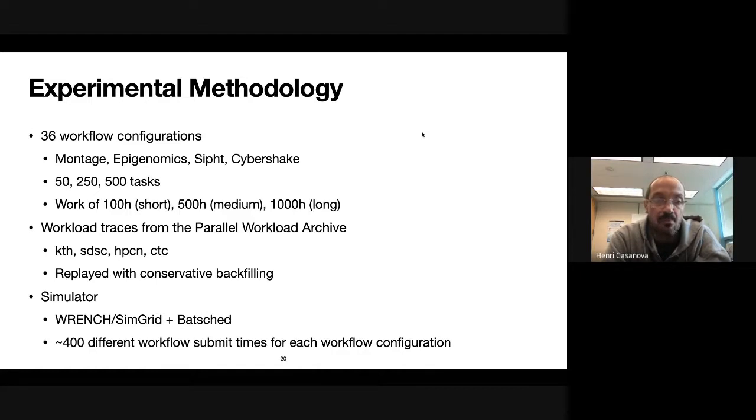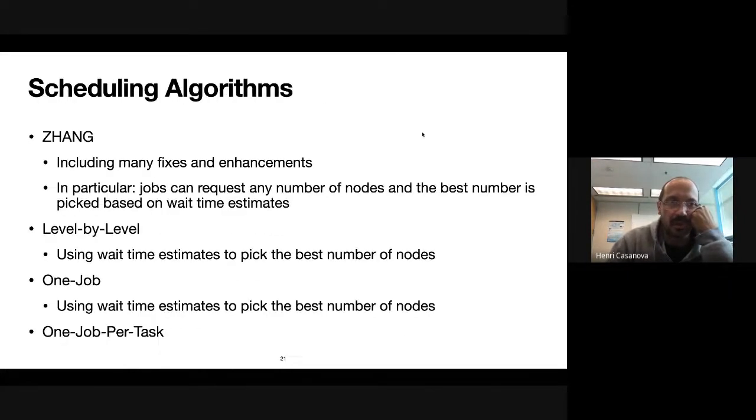What we do is pick one of those workflow configurations, one of those traces, and we replay 400 different workflow submit times, each, if I recall correctly, 1 hour apart. So what if I submit my workflow now, an hour from now, an hour from now, and so on. That gives us a lot of data points to evaluate the algorithm. This is pretty standard practice for evaluating those kinds of algorithms.